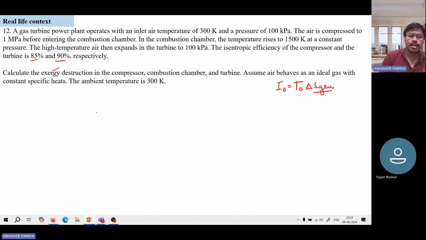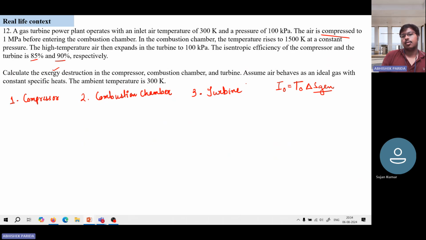And for delta S gen, how many parts are there in that whole plant? If you see, first one is compressor, where air is compressed. Second one is combustion chamber. Third one is turbine.